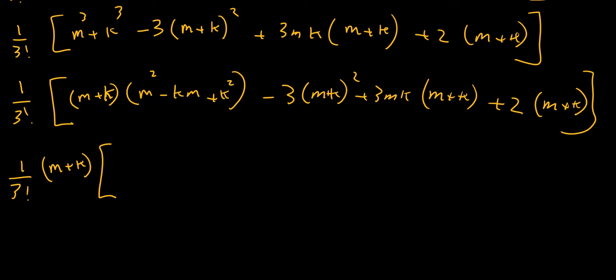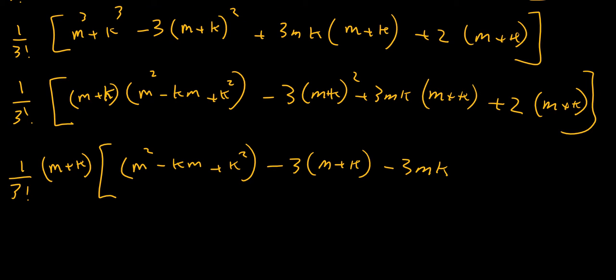So now we are left with, I'm going to write this in brackets, m squared minus km plus k squared, subtract 3mk, subtract 3 times m plus k, and just a lonely 2 on the end.